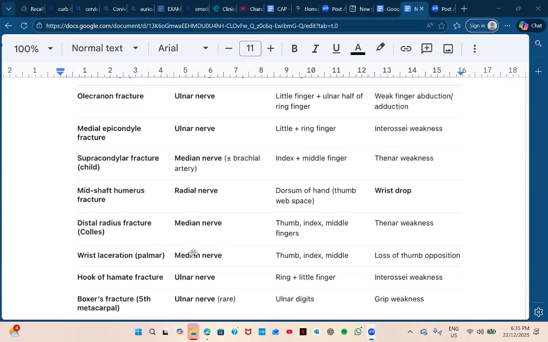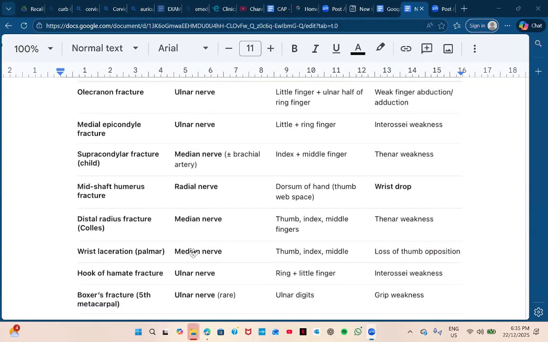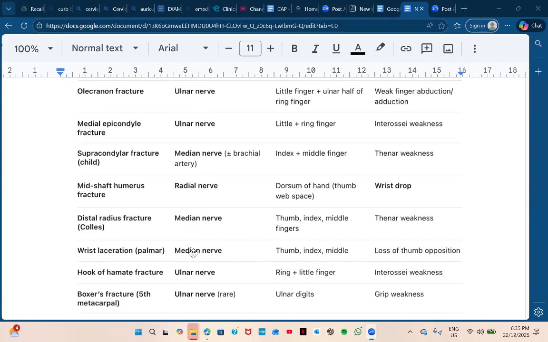So please remember this one. This is very high yield. So in olecranon fracture, please remember the nerve damaged is the ulnar nerve. I'll show the ulnar nerve.